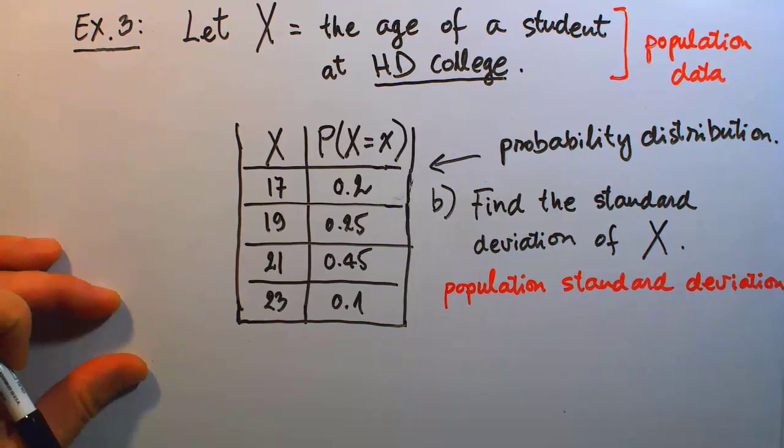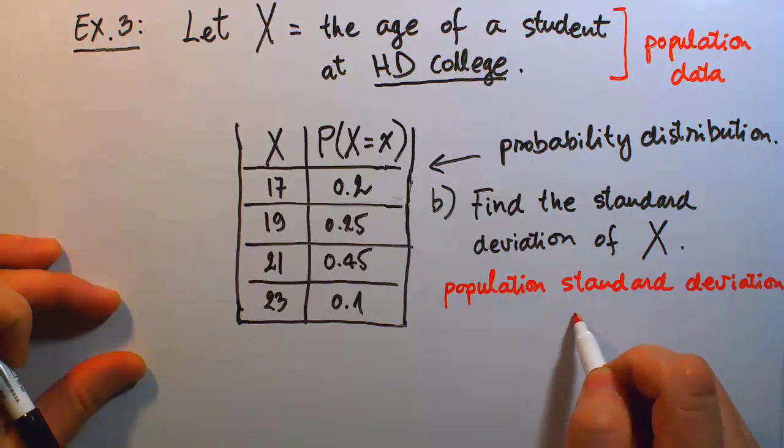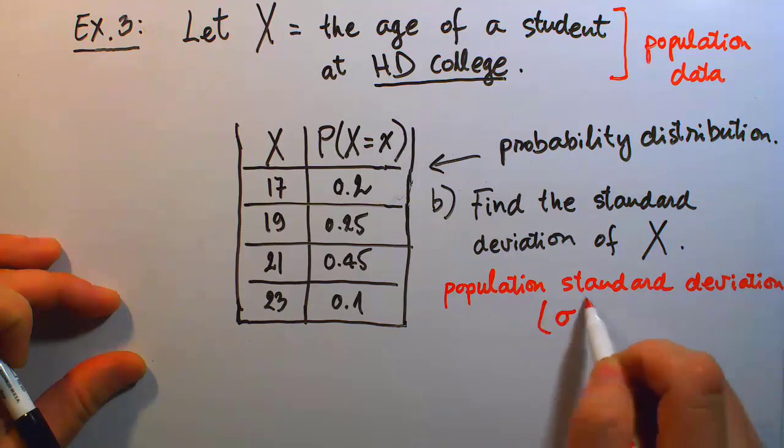And symbolically, we use the sigma symbol for the population standard deviation.